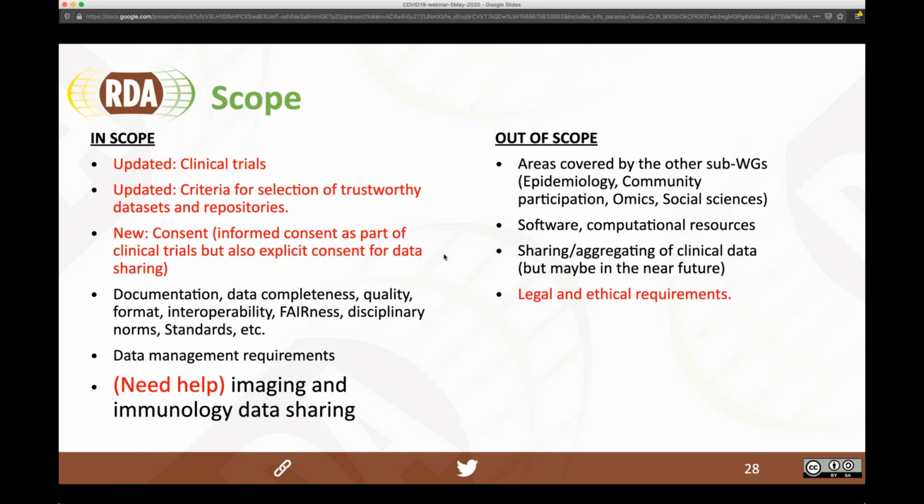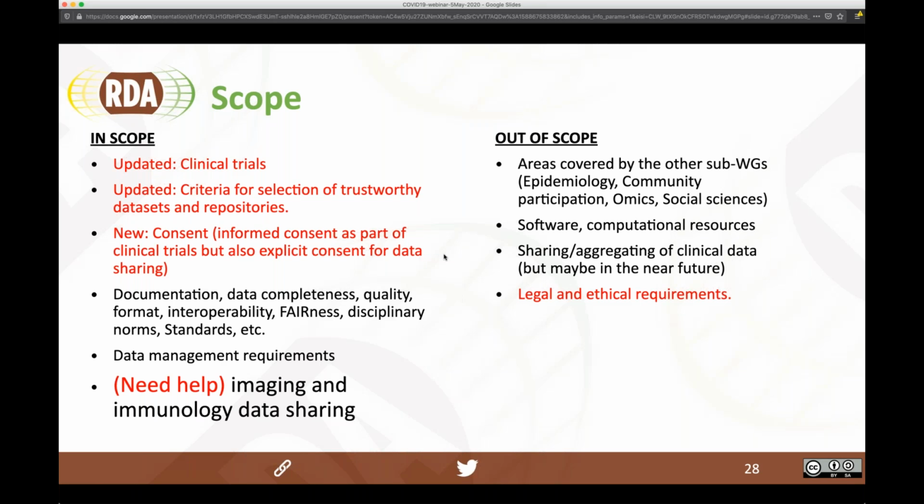The third bullet is the one we had extensive discussions on last meeting, and that discussion resulted in some recommendations on consent.